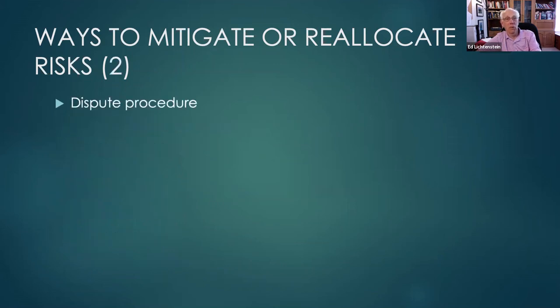And there's more. The dispute procedure. Who's going to decide what, when, and how? Is it arbitration, mediation, courts? Is there a progression of steps? Who gets to appoint the arbitrator or mediator? What law applies? What court will it be tried in?